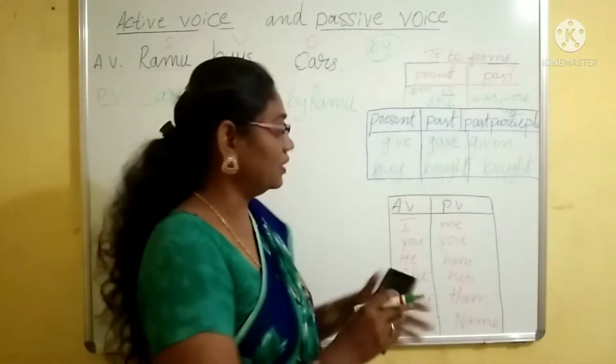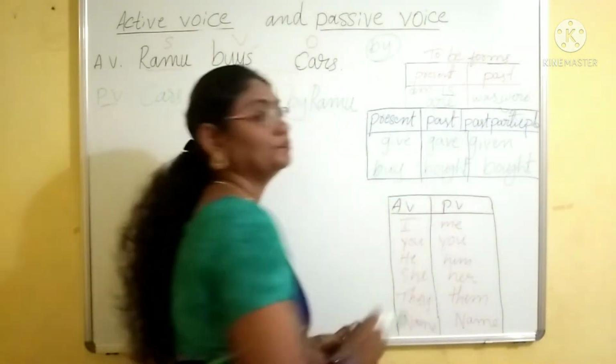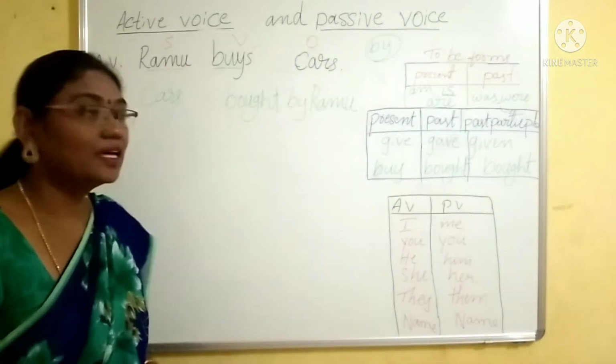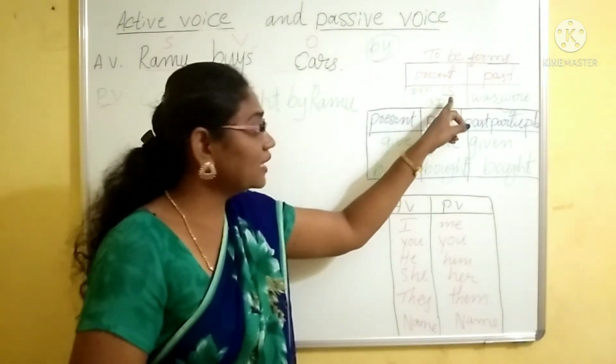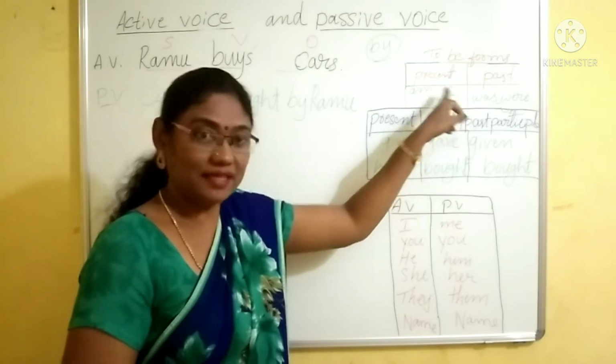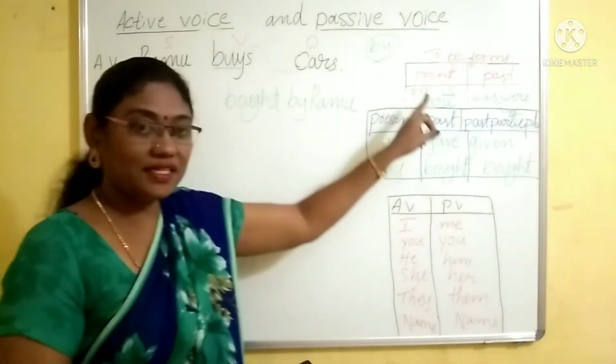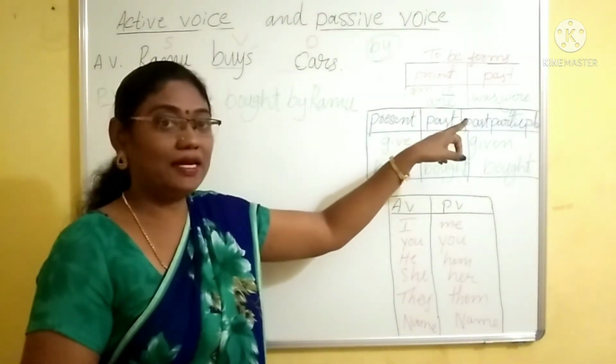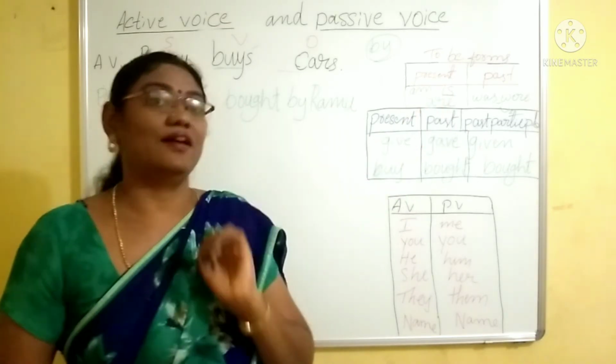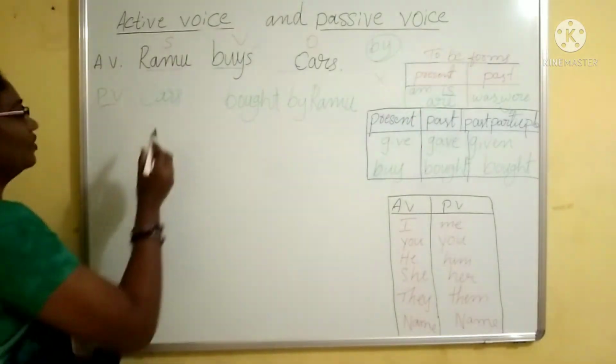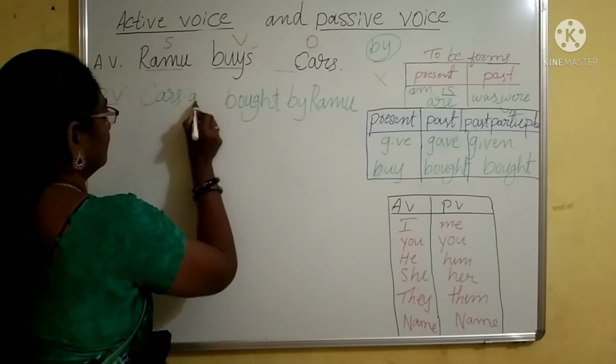Present plural is are. Got it? Present singular to be form is. Present and plural to be form is are. So I have to write are here.